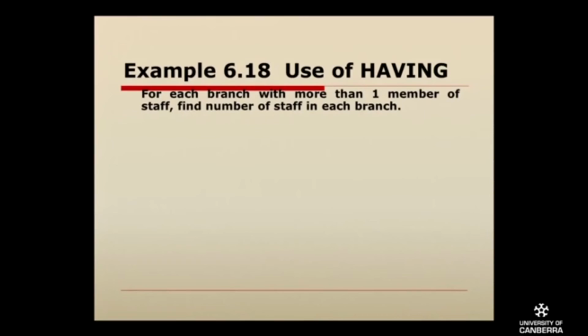Here is another example, the same as before but with one condition. In the last example we said display, for each branch number, the number of staff that work there. Here we're saying for each branch that has more than one person working in it, display the number of staff. So the condition is having more than one staff member.